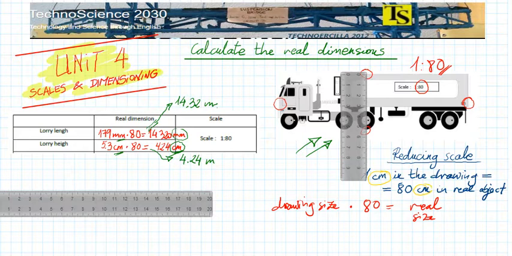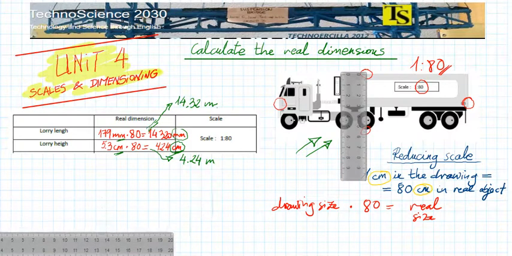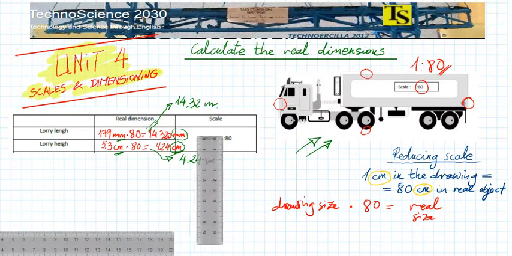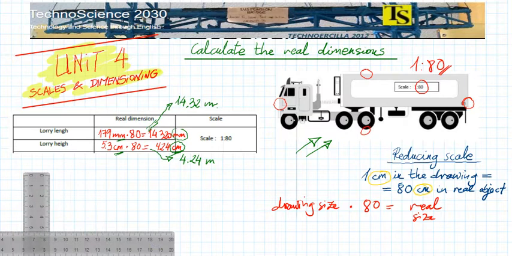This activity I have done, I have used the same drawings that you have in your paper, but they are a different size. So the real dimensions that you get in your paper are different, because the drawing I have used is different.